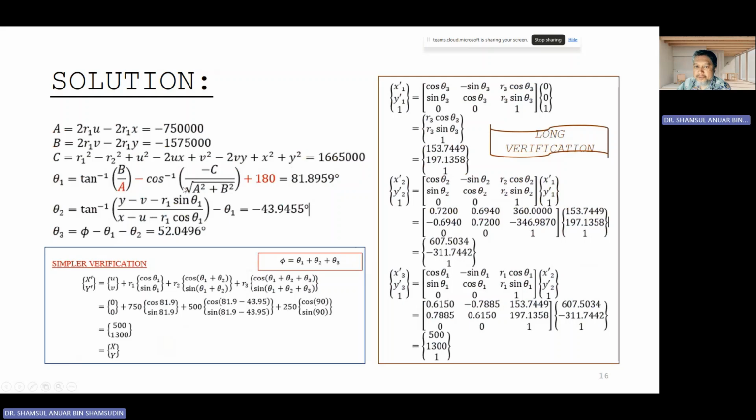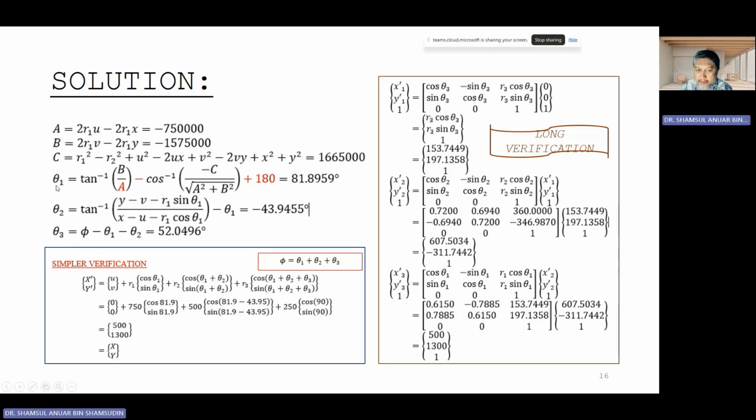So definitely we have to use this solution. We have to calculate A, B, and C. Then depending on whether our A is negative or positive, you can do this. And this part you should always do the negative first, minus. In this case, because A is negative, we have a plus 180, and then we have theta 2.